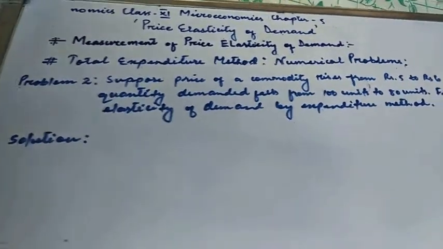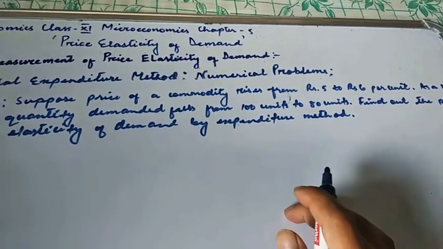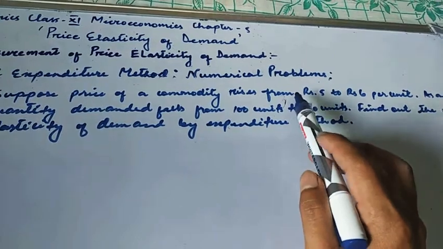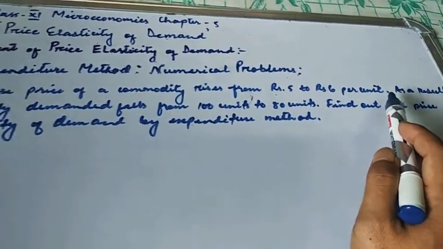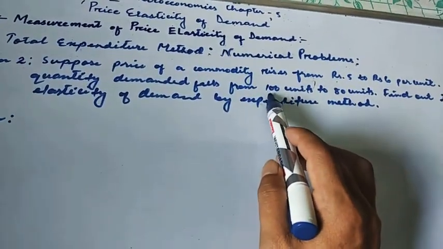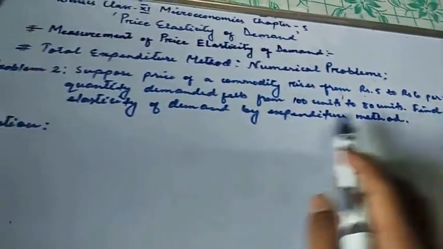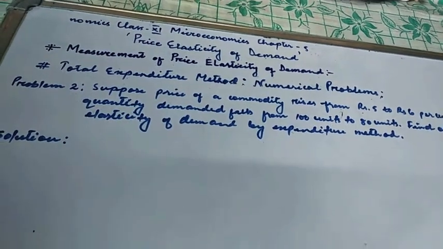So problem number 2. The question gives: suppose the price of a commodity rises from rupees 5 to rupees 6 per unit. Because of this, quantity demanded falls from 100 units to 80 units. We have to find out the price elasticity of demand by the expenditure method.